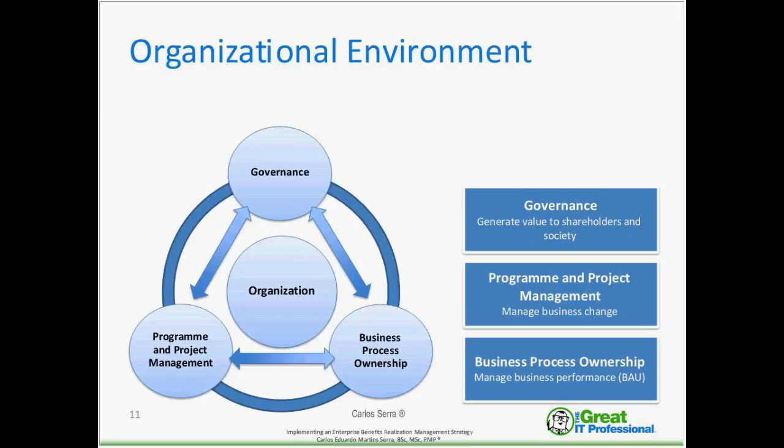Project and program management are the roles involved in managing the execution, or in other words, the delivery of business change. And business process ownership manages business performance in day-to-day operations, also called business as usual. These are most times functional managers or also project sponsors.